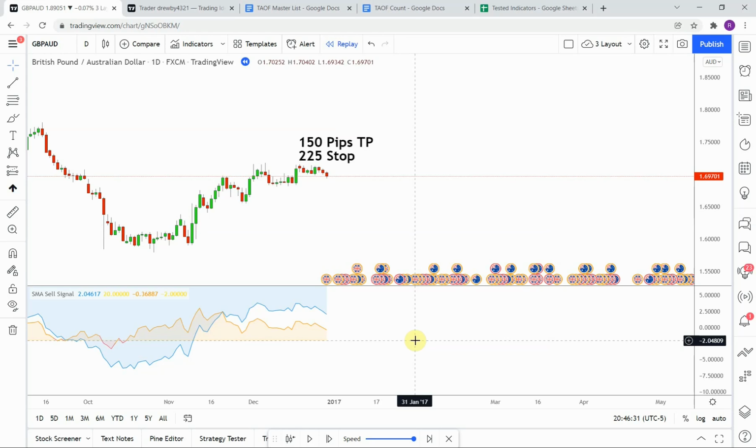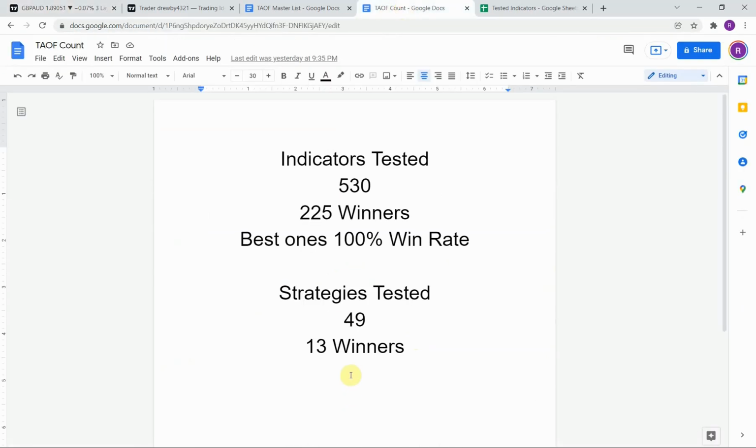Alright, as I said, today we will be testing the SMA sell signal indicator. Before we do though, I wanted to put the testing scoreboard up for everyone to see. To date, we have tested a total of 49 different strategies, with 13 of them being profitable. We have also tested a total of 530 indicators, with 225 of them being winners.